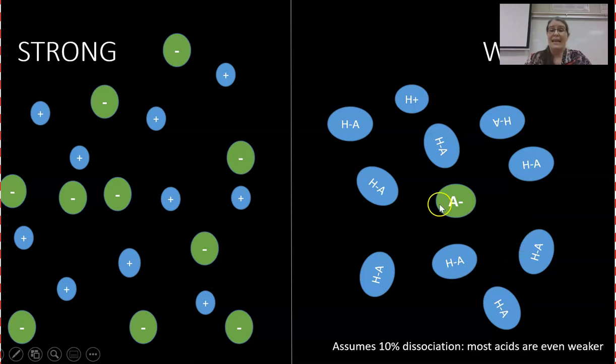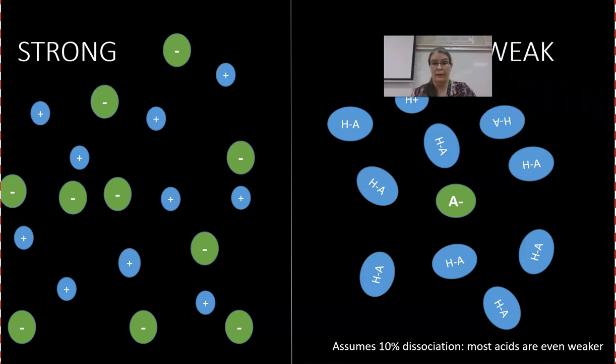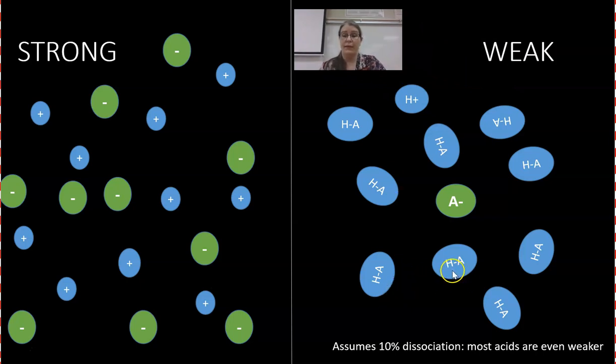Even if I have the same number of molecules here, in a weak acid, only a very small percent of it will break up. In this case, this is technically 10%. Most weak acids are going to be even less than 10%. If I look at my weak acid here, we can see the vast majority of these molecules stay together as HA.